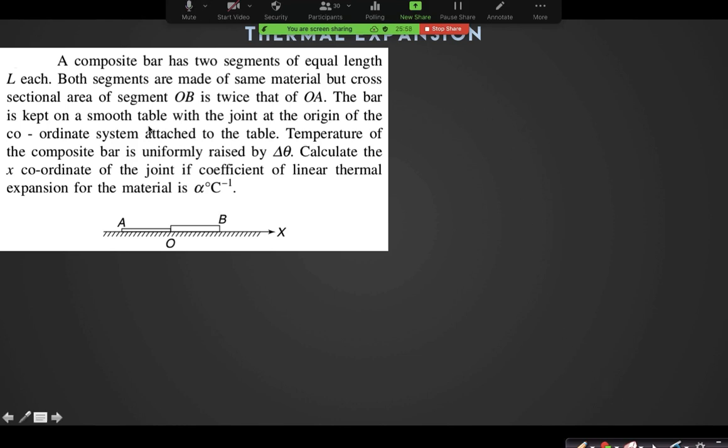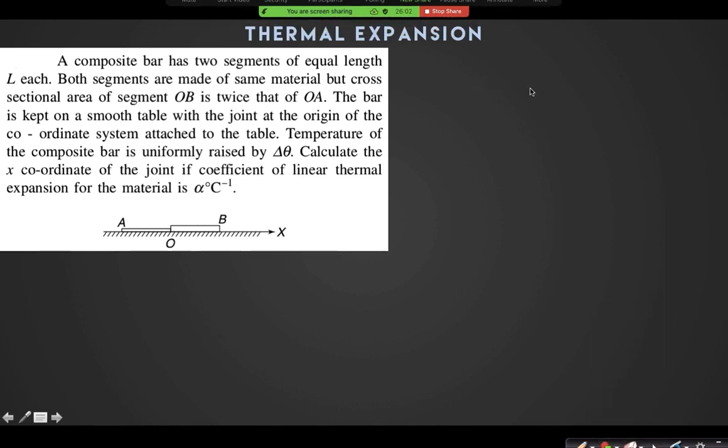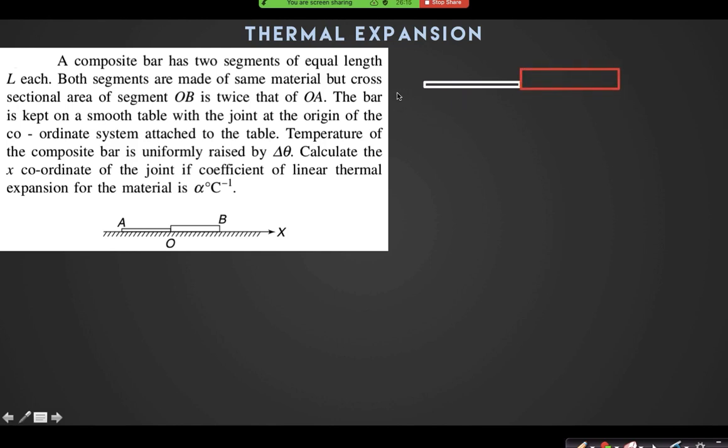Okay, let us try to understand what it is talking about. Two bars are there. One, suppose this one, another is this one. Lengths are same, cross section area double, so volume is double, mass is double.